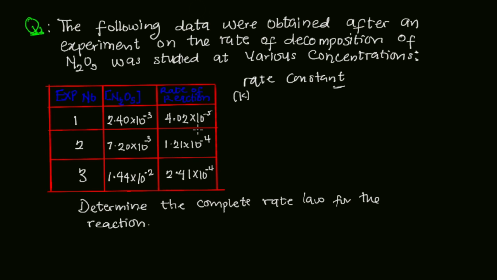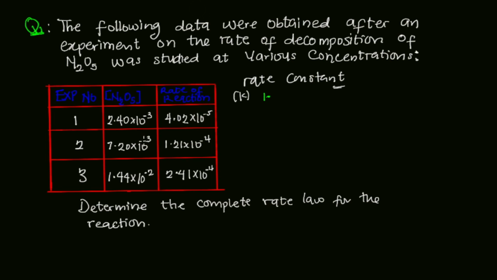So now let's move to the solution to this question. I would like to explain it in an orderly manner. That is, I'm going to show the steps involved in solving any question like this. The first thing you're supposed to do is write out the rate expression for this experiment using the rate law.